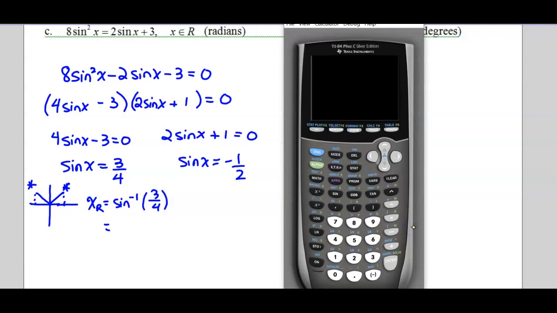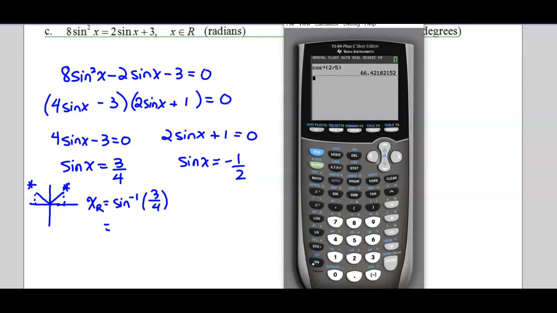Okay, so this says x element of reals, but we've said here radians. So I'm going to change my calculator back to radians. To get the reference angle, I just do inverse sine of 3/4. Because it's a positive angle, that's going to be your reference angle as well. I'm going to show a few decimal places because you have to deal with pi and it has decimals as well.